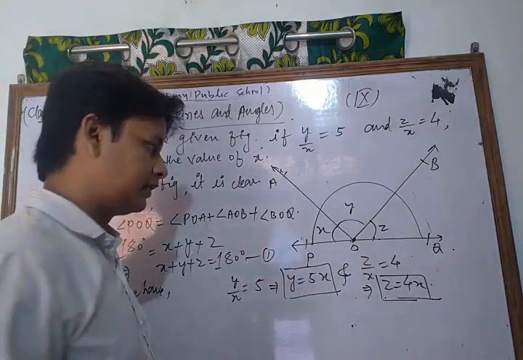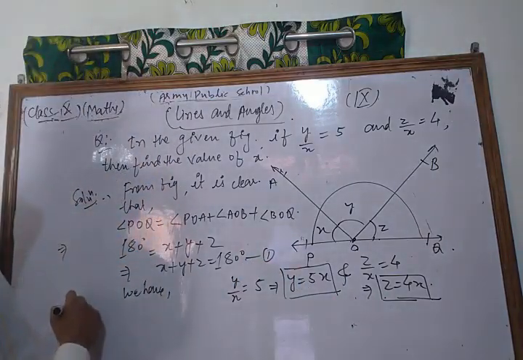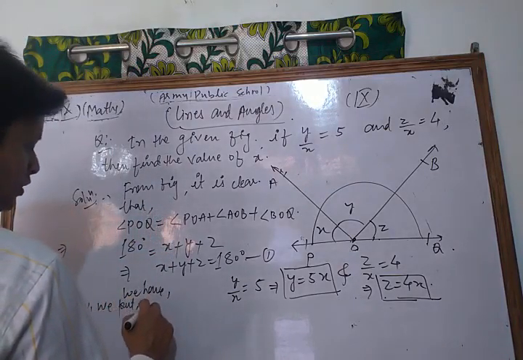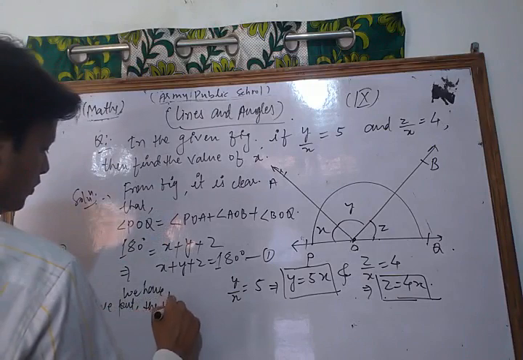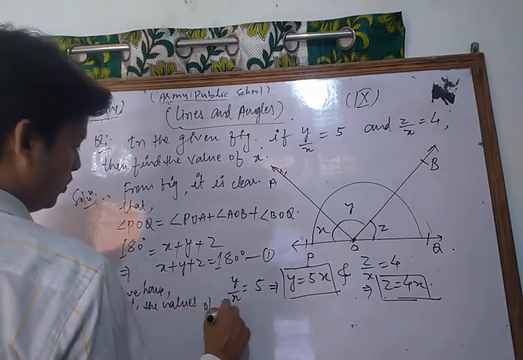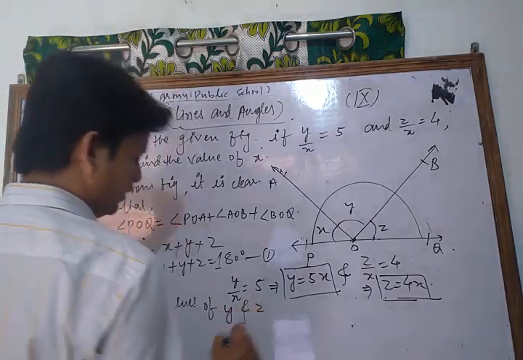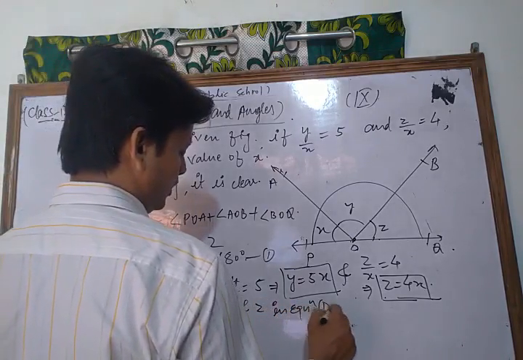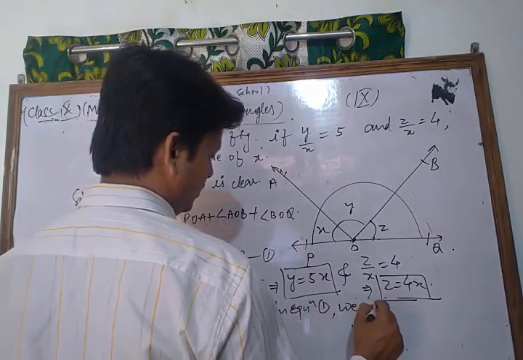Now dear friends, we put the values of y and z in equation 1 for finding the value of x. Okay, let's see. Now we put the values of y and z in equation first.